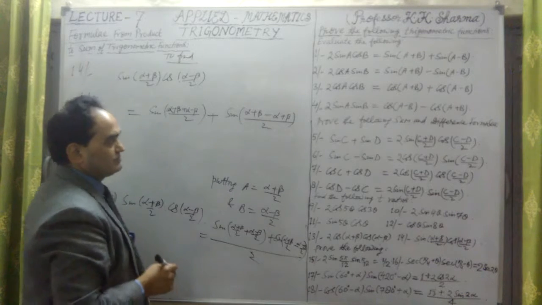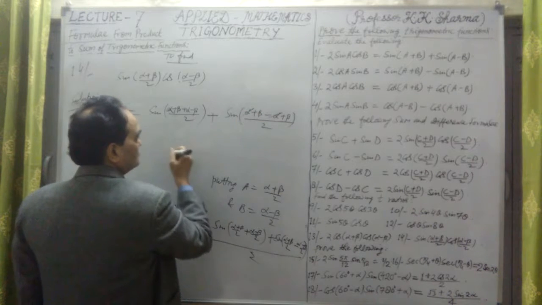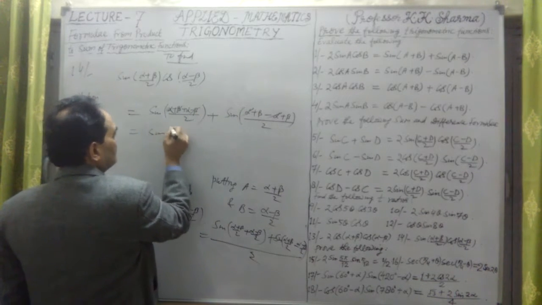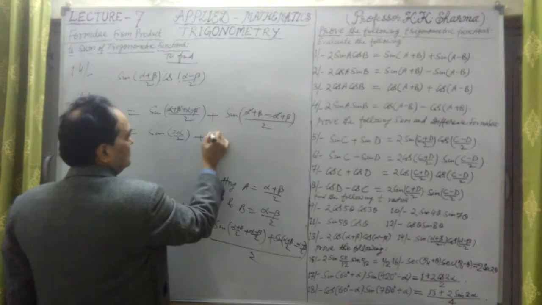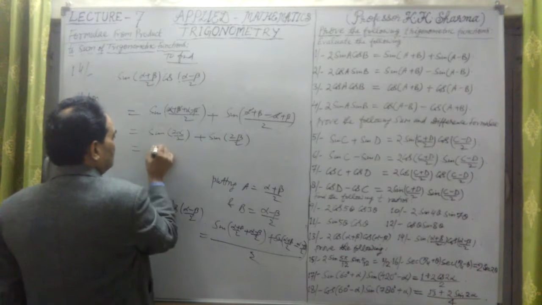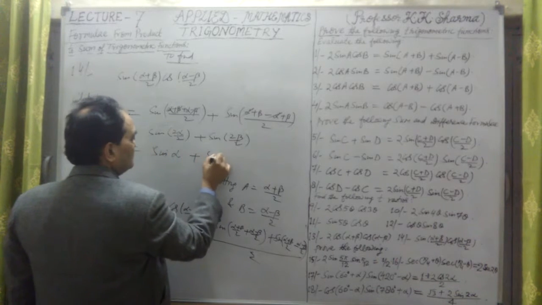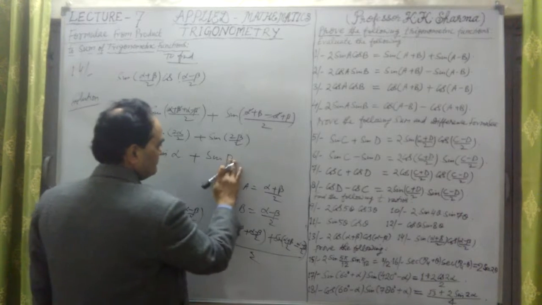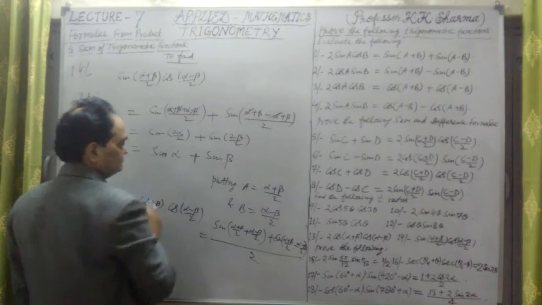So this will give us minus alpha plus alpha cancel out, and minus beta plus beta cancel out. We will get sin twice alpha upon 2 plus sin twice beta upon 2, which is nothing but sin alpha plus sin beta. Sin alpha plus sin beta, this is the answer.